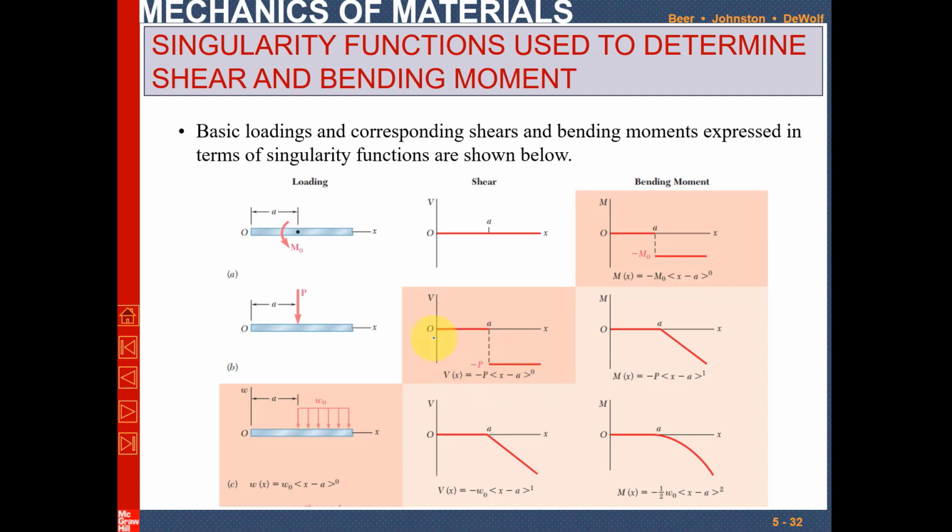So at that condition where the load is at this point, a is equal to 0, so it means x minus 0 is equal to x, and x anything power 0 is equal to 1. So in that condition, Vx will be equal to minus P, and the P was minus 1 over 4 W naught into L. So we have written minus W naught, so when it moves it is minus 1 over 4 W naught into L. Again, since the force is positive, you have to take it positive.